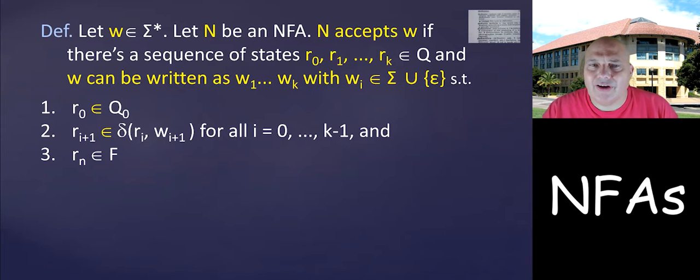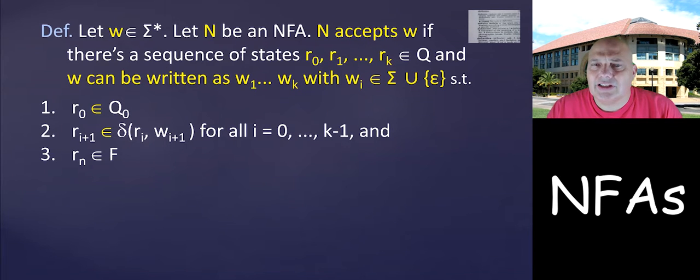R0 is one of the start states, and Rk is one of the accept states, and now R(i+1) is a possible transition from Ri on W(i+1). So R(i+1) is contained in the set of states which you can reach from Ri while reading W(i+1).